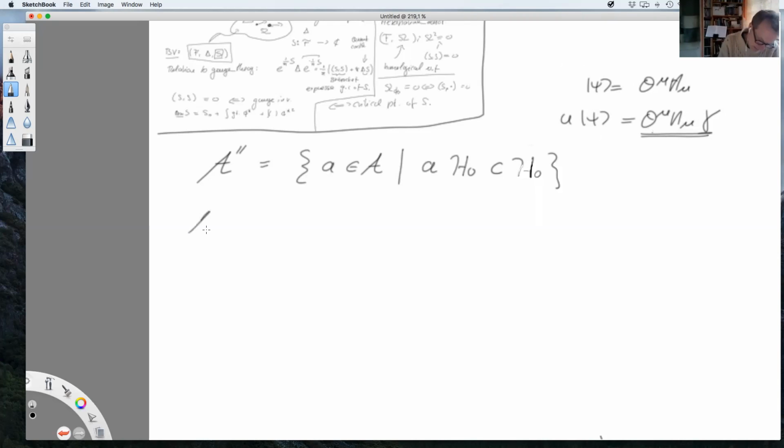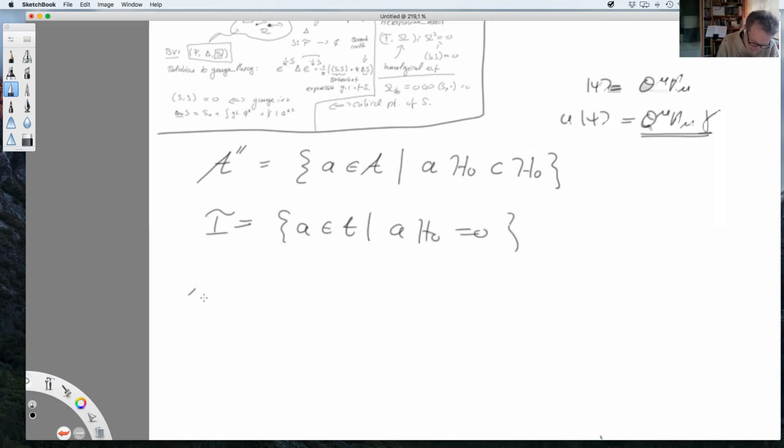And then I can take an ideal, or I can take a quotient. I define an ideal, which is given by all the elements A in the algebra for which A acting on this space is equal to 0.